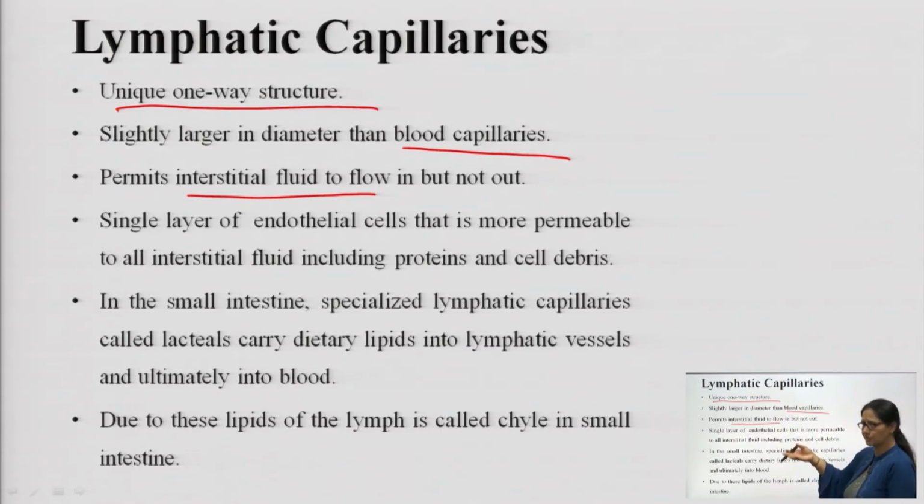The fluid comes in but does not come out. A single layer of endothelial cells is more permeable to the interstitial fluid, including protein and cell debris. Lymphatic capillaries have an endothelial lining that is more permeable to the flow of interstitial fluid.